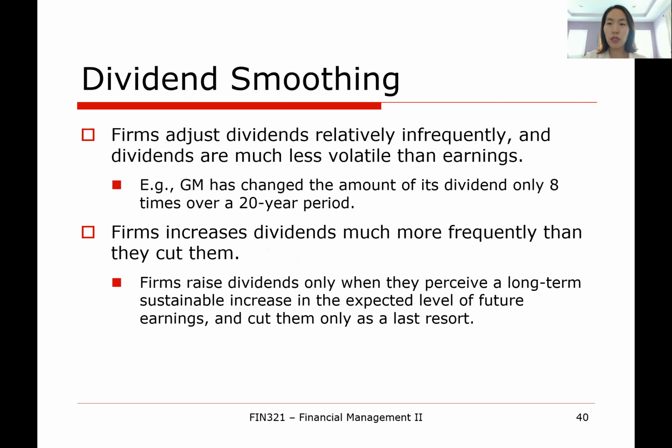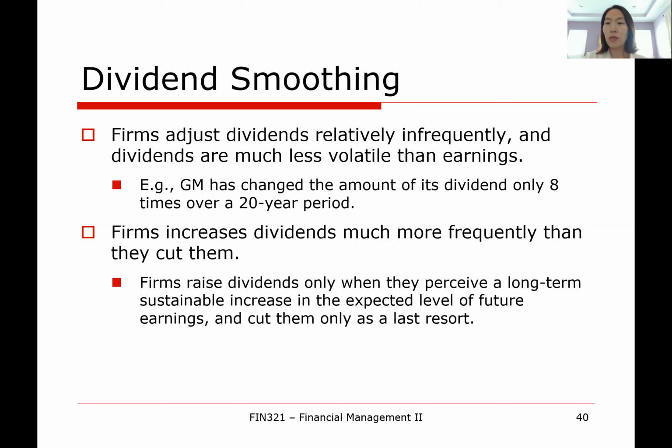From this chart, which represents a typical pattern of dividend payment, we can infer 2 facts. First, firms rarely adjust their regular dividends. In other words, as we have discussed from the very beginning, dividends are sticky, especially regular dividends. And also, firms increase their dividends much more frequently than they cut them.